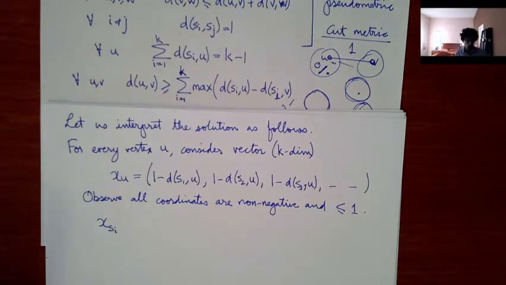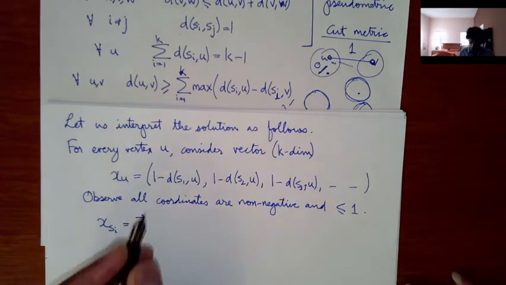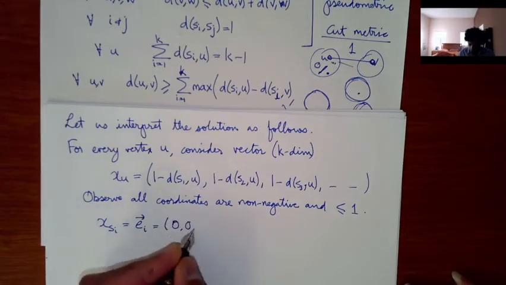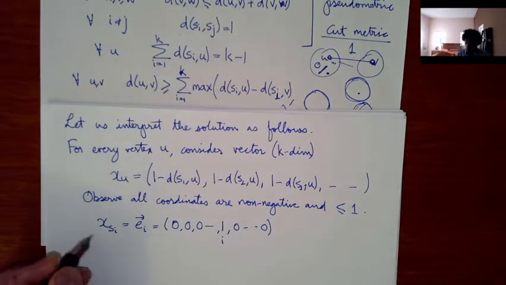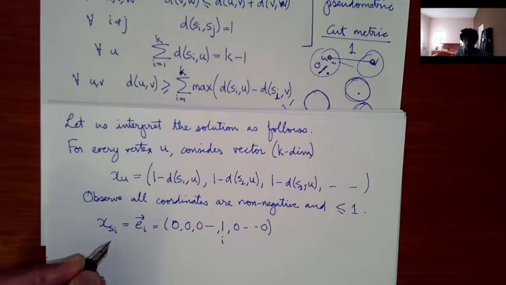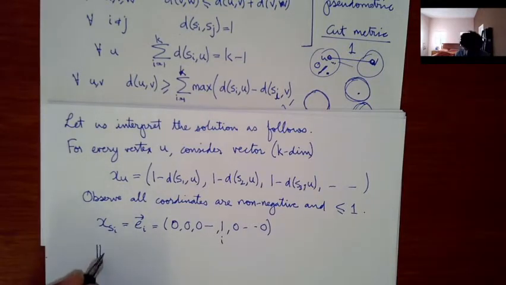That will be 1 for exactly the S_i-th position and 0 for everything else. So essentially, this is exactly the unit vector, where this is the i-th position. So each of these are unit vectors. Okay. What is the L1 norm? What is the sum of coordinates?